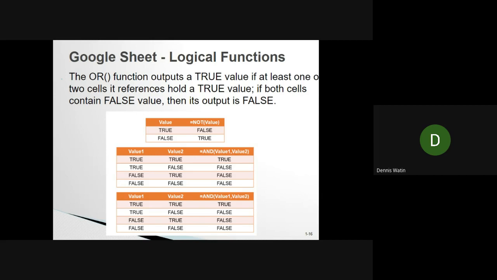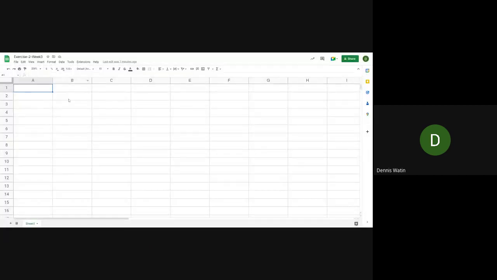Let me go to my exercise folder. For example, class, if I put here true and false using the NOT function, you put the equal sign, NOT, so it returns true, and I'll copy that one.